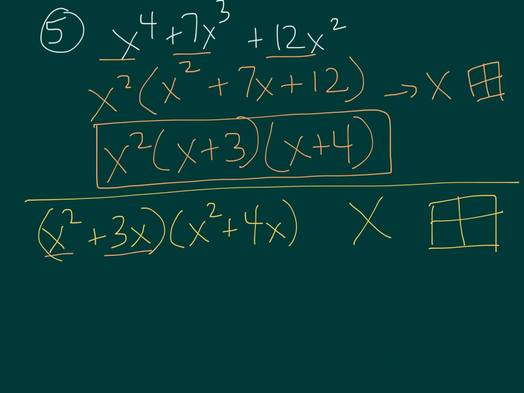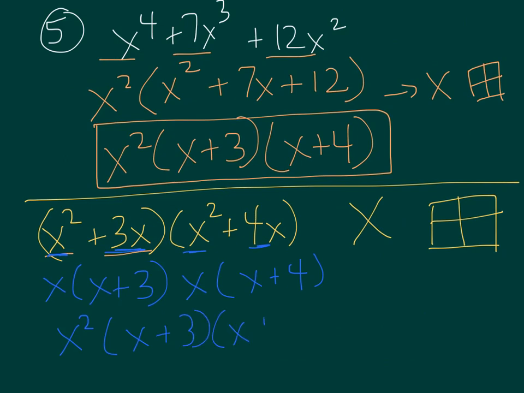Both of these have an x in them, so you could take out an x and have x plus 3. Both of these also have an x in them, so you could take out an x again, x plus 4. So that's also x squared times x plus 3 times x plus 4. So if you answered this, you just needed to recognize that you could take an x out of both of those.